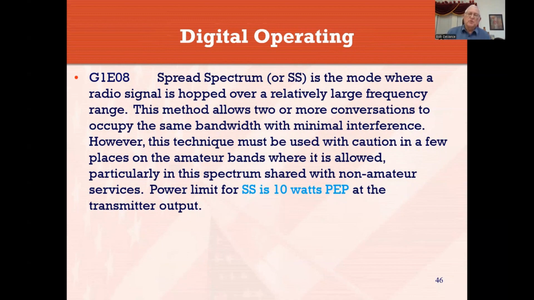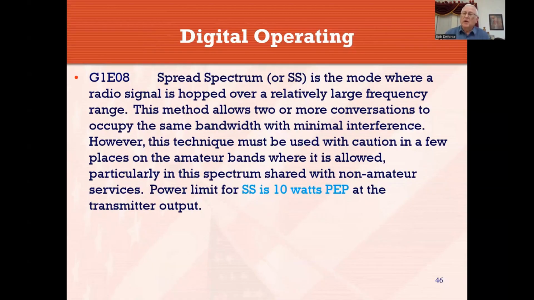The technique has to be used with caution in a few places on the amateur bands where it's allowed, particularly in spectrum shared with other non-amateur services. Particularly what we're talking about here is 2.4 gigahertz. If you remember, most all of the Wi-Fi routers that we have in our homes operate at 2.4 gigahertz or 5 gigahertz, and those are shared frequencies. We as amateurs can transmit and receive on those frequencies.